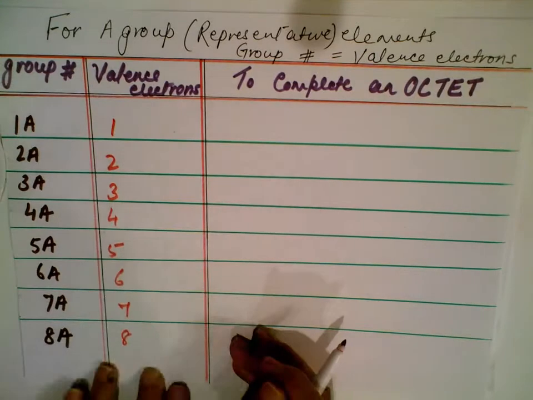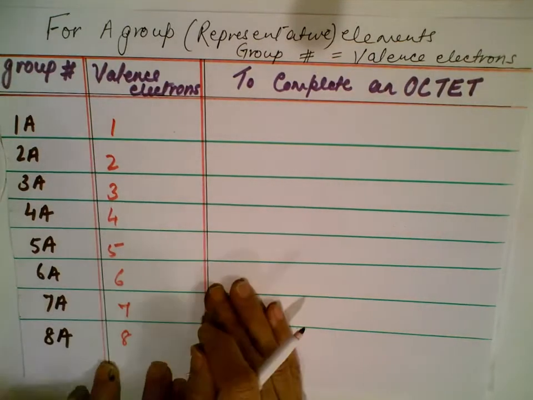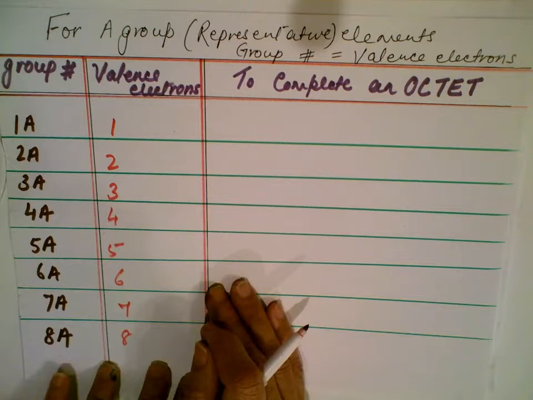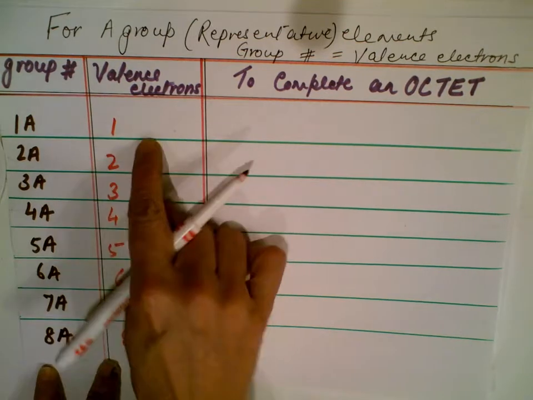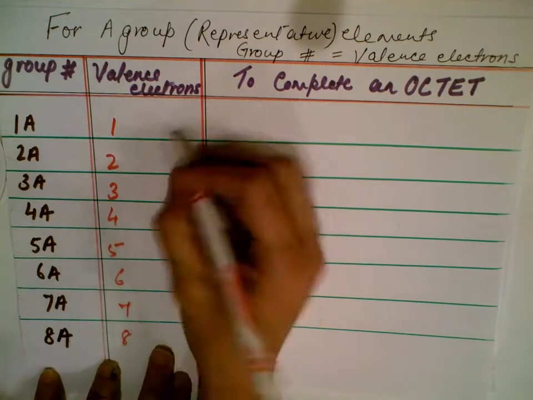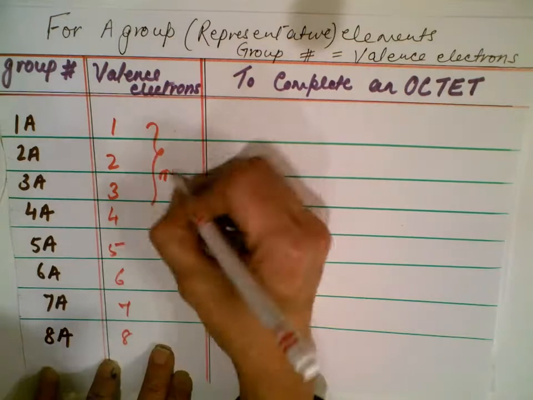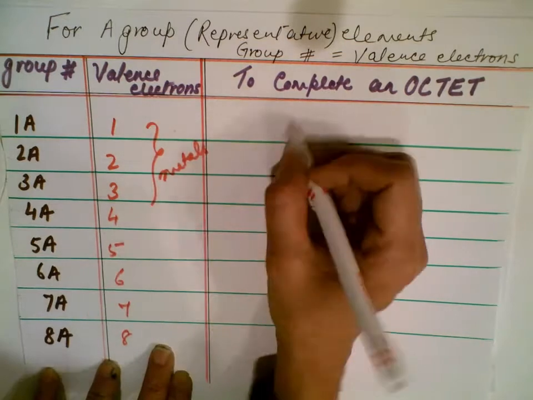Now how many electrons will be lost, gained, or shared? It depends on which element it is. Is it a metal, metalloid, or non-metal? Elements with 1, 2, or 3 valence electrons are the metals, and they lose electrons.